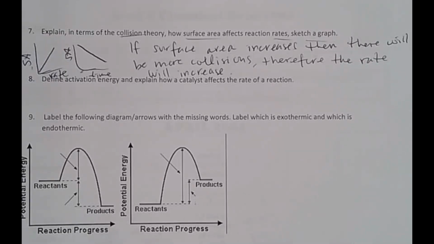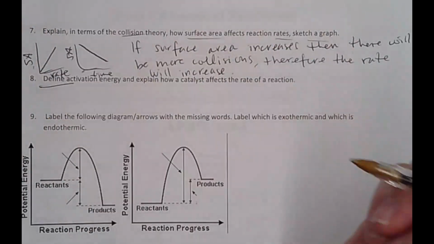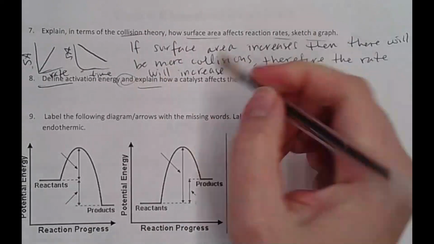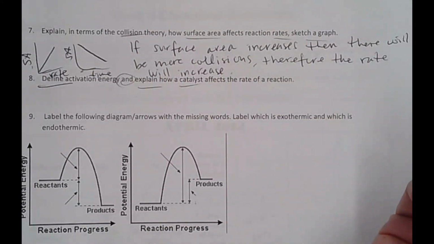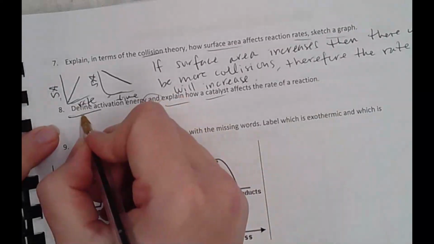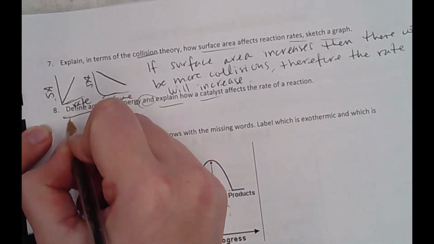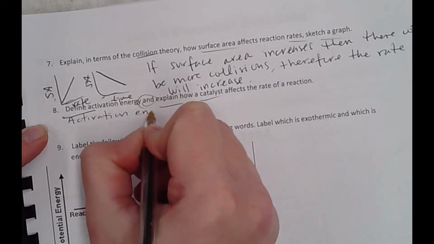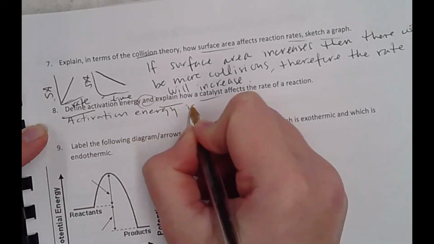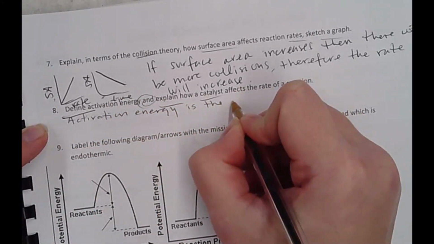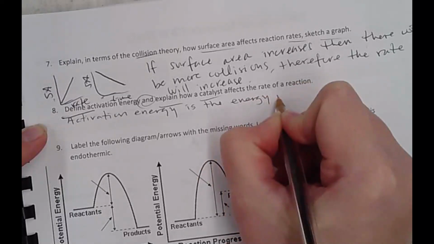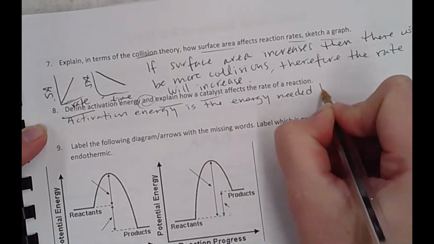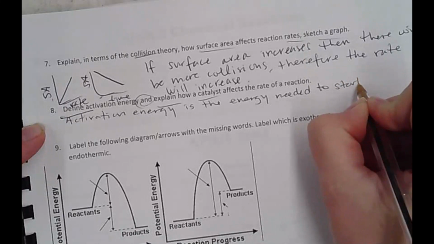Okay, the next one is asking to define activation energy and explain how a catalyst affects the rate of a reaction. So my first part, to define activation energy is the energy needed to start a reaction.